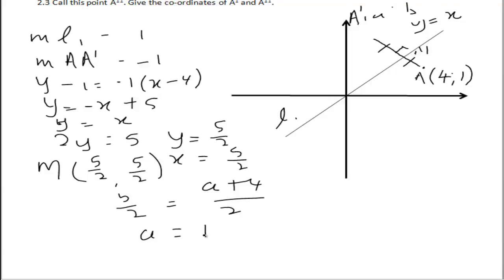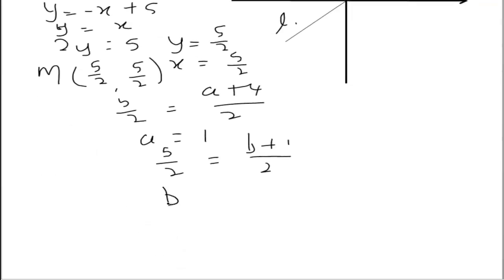Then the next one, 5 over 2 is equal to B plus 1 all over 2, so B is equal to 4. Therefore the coordinates of A prime are 1 and 4. And you notice that if you're reflecting about the line y is equal to x, then you interchange your x and y. It is also contained in the booklet.